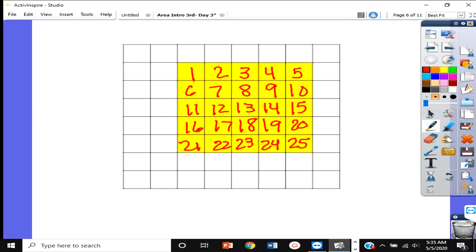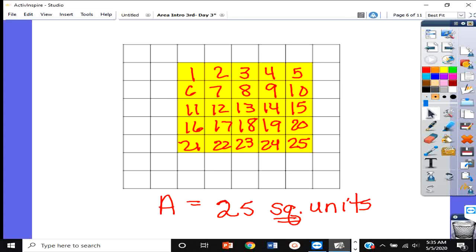It took 25 squares to fill the inside of that shape. So the area of that shape is 25 square units. And if you notice, I put an SQ for square. That's just a shorter way of writing that word square. Are you ready for our next shape?